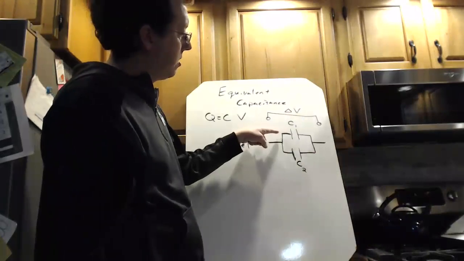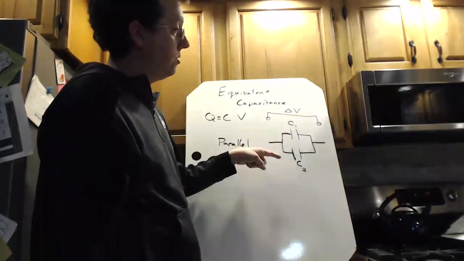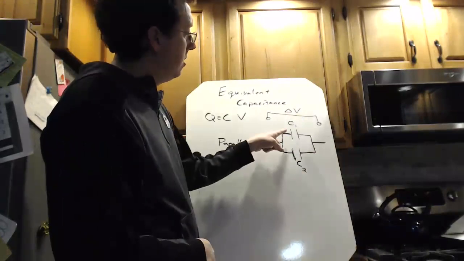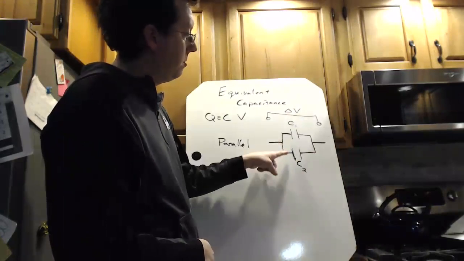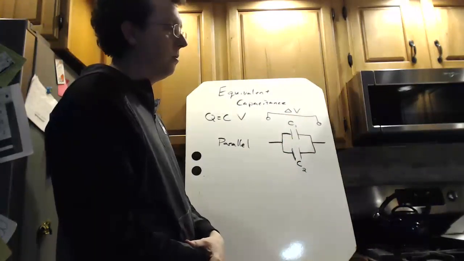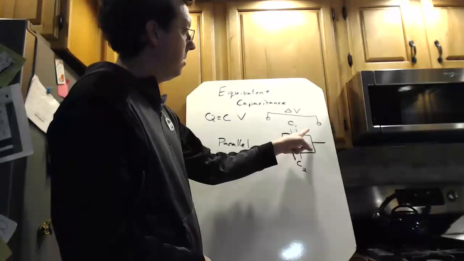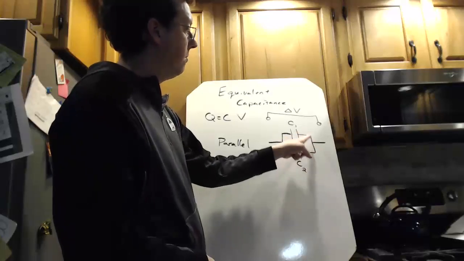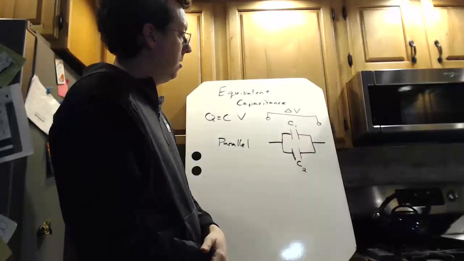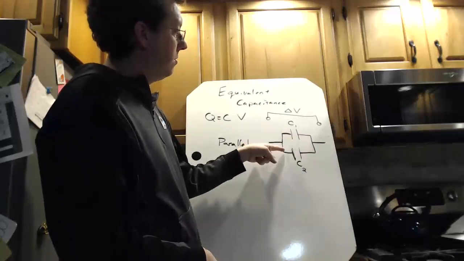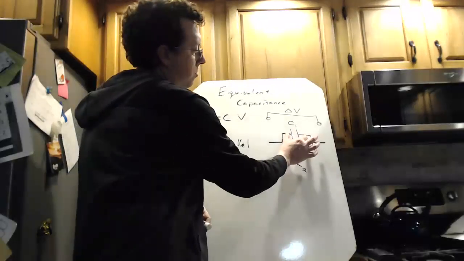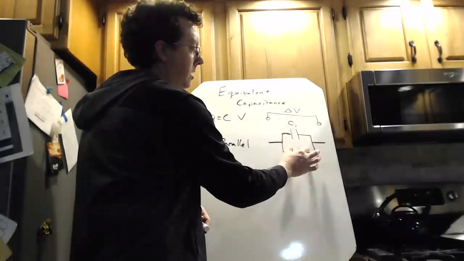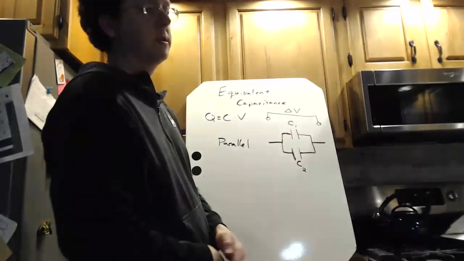Now notice, because these are connected with wires, and there's no potential change along any wire, that means that from the top point to the bottom point, there's no change in voltage. Similarly, on the right, there could be no drop in voltage here. So if these two points have the same voltage, and these two points have the same voltage, that means that the voltage drop across one capacitor is the same as the voltage drop across the other capacitor.